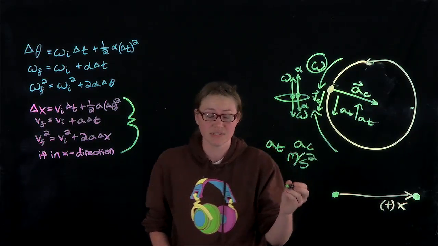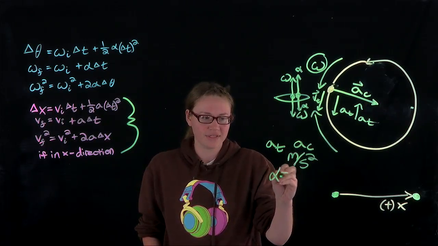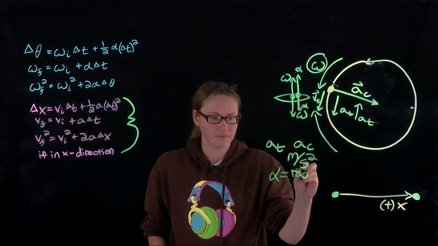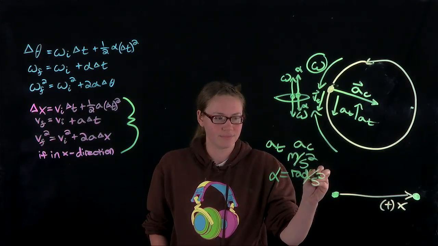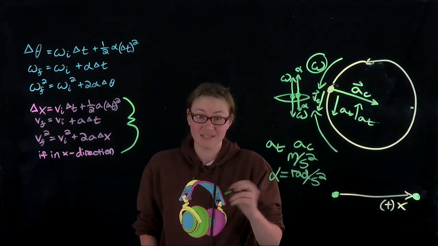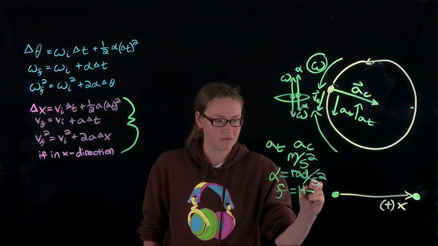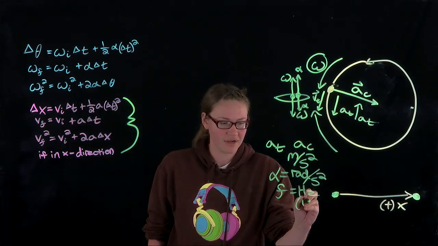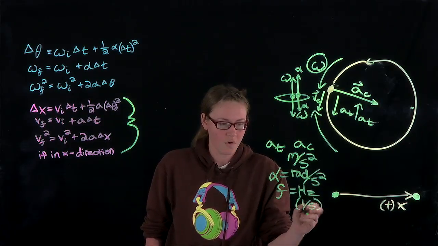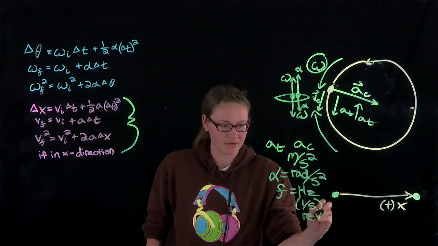Those are the SI units. However, alpha is always depicted in radians per second squared. And your frequency is always going to be in hertz, so 1 over s, or in revolutions per minute.